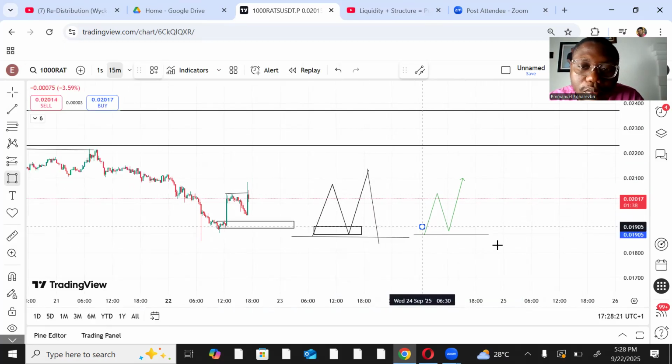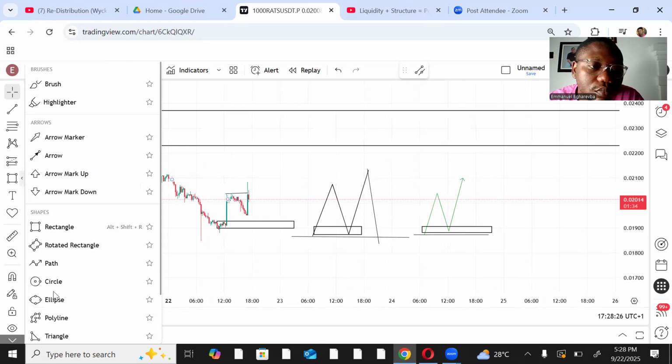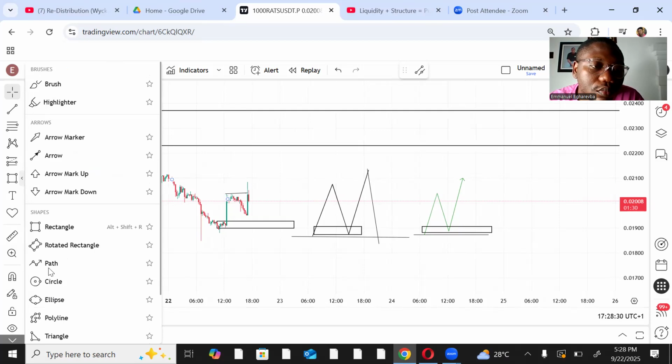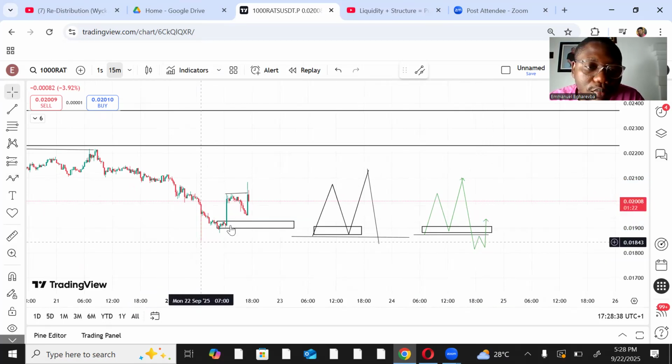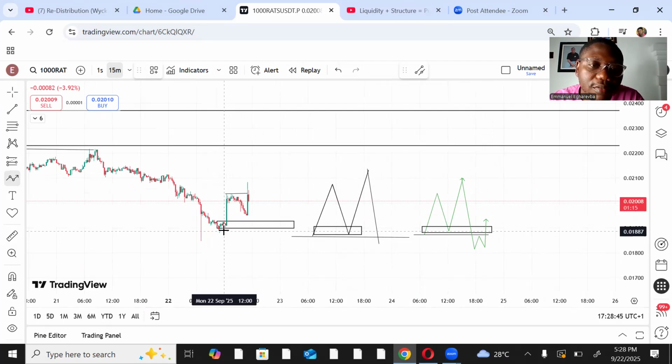Resting below its lows. Then the price breaks below it. That is when I look for buys. So if price should have a break of structure here, let's assume we see this now.